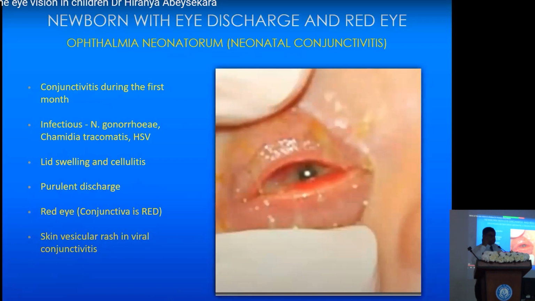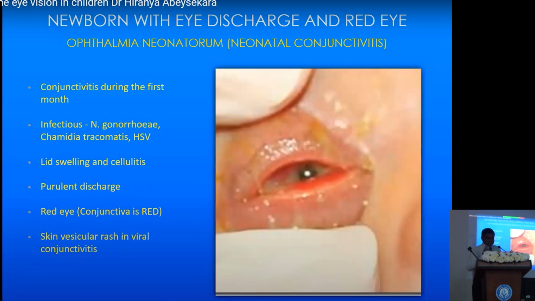That is usually associated with periocular cellulitis, very purulent discharge, usually socioeconomically poor parents, and normal delivery. But ophthalmia neonatorum can be community acquired as well, because it can develop after the child goes home. Technically, it is ophthalmia neonatorum because it occurs in a baby less than 28 days. So that also we have to manage properly.